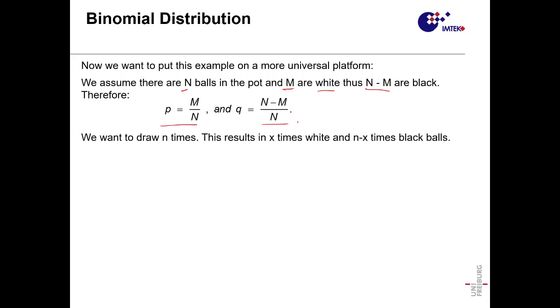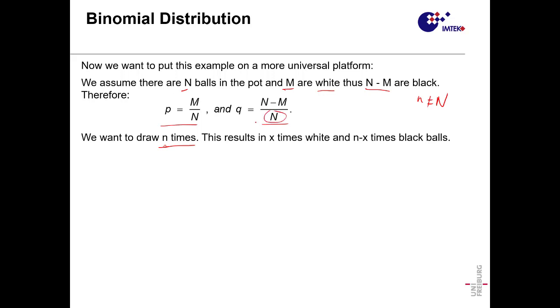So now let's say that you repeat that, you draw the ball many times, and I call it n times. Don't confuse it, large N is different from small n. Small n will be the number of times I draw the ball, and large N is the number of balls inside the pot.